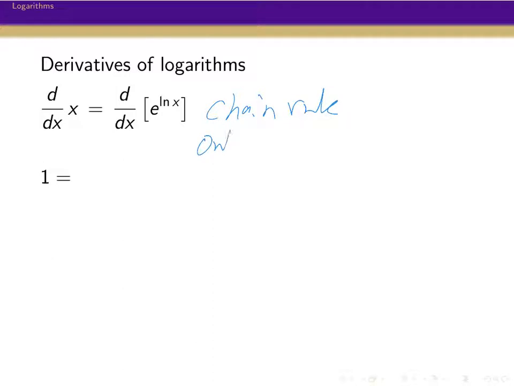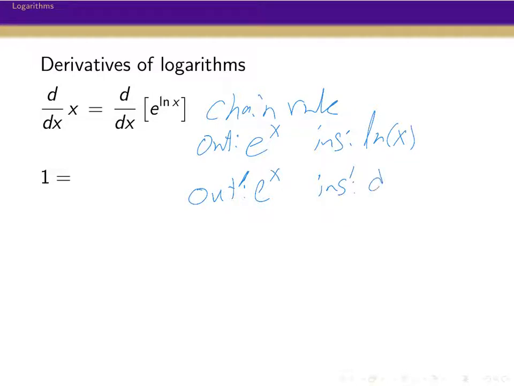Our outside function is e to the x. Our inside function is ln of x. Derivative of the outside, derivative of e to the x is just e to the x. And then derivative of the inside is what we're trying to get. It's the derivative of natural log.